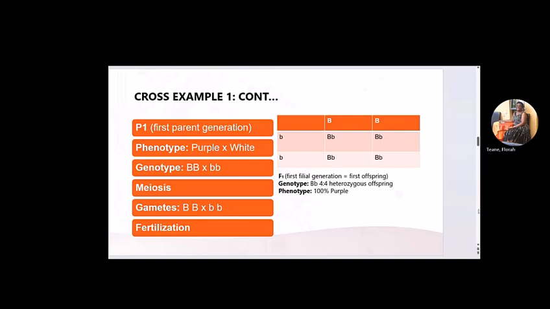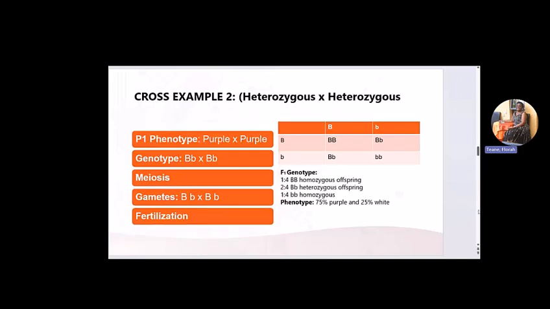Okay, let's look at another example. This time we are crossing heterozygous by another heterozygous. Remember what I said? Heterozygous means different. So here are these 2 plants that we are talking about.